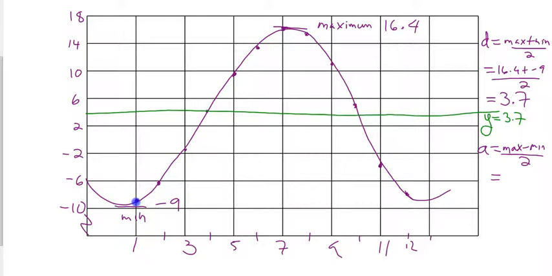Remember, you don't get these formulas, so you got to know this until June 25th at noon, at which point you don't have to know this. But you just do a few problems with it. It's not a big deal. You'll figure it out. So what do we got? 16.4 minus negative 9 over 2. So what's that? 25.4 divided by 2. So 12.7.